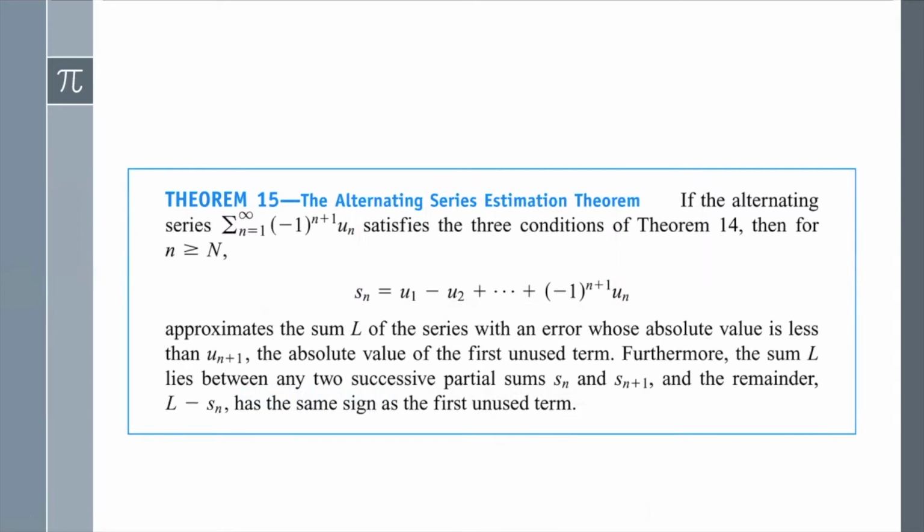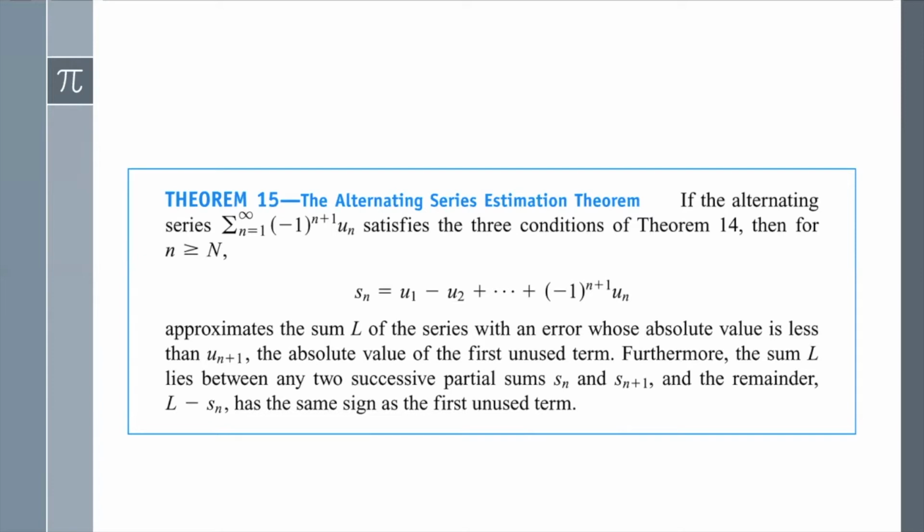If an alternating series satisfies the three conditions of the previous theorem, then for n greater than or equal to some integer big N, S sub n equals u1 minus u2 plus u3 minus u4, et cetera, up to (-1)^(n+1) times u sub n, approximates the sum L of the series with an error whose absolute value is less than u sub n plus 1, the absolute value of the first unused term.